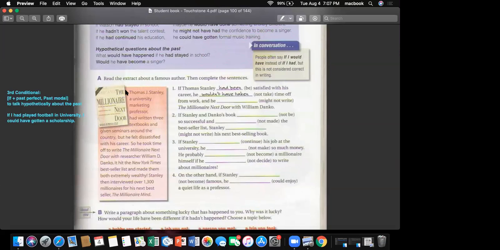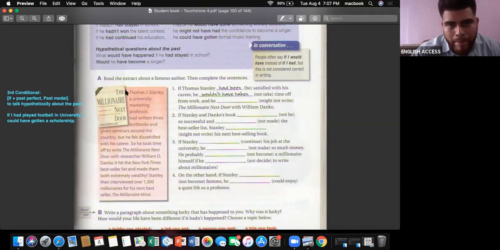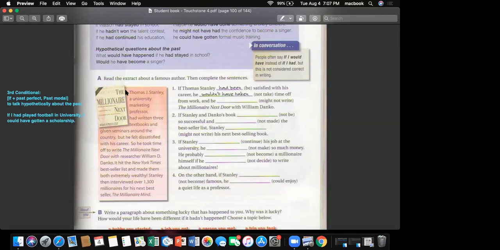The Millionaire Next Door. Thomas J. Stanley, a university marketing professor, had written 3 textbooks and given seminars around the country, but he felt dissatisfied with his career, so he took time off to write The Millionaire Next Door.